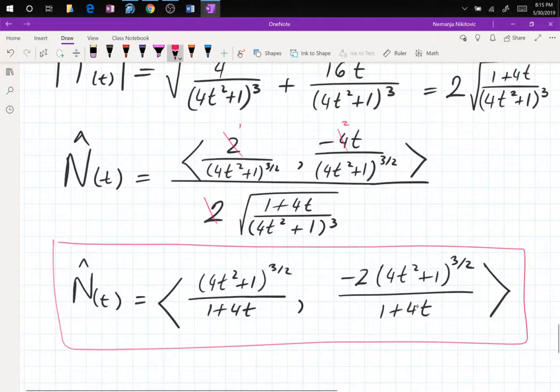It simplifies nicely. The rest can be tricky. So 34 is the nicest one. Good. So that's the way to find a normal vector.